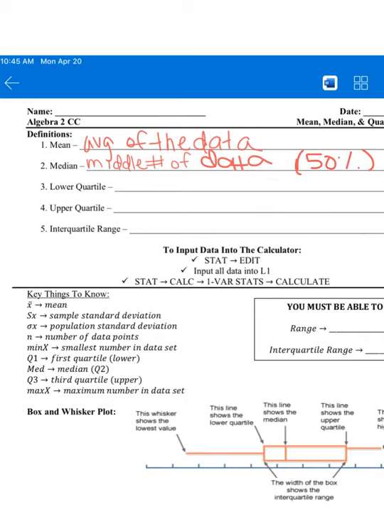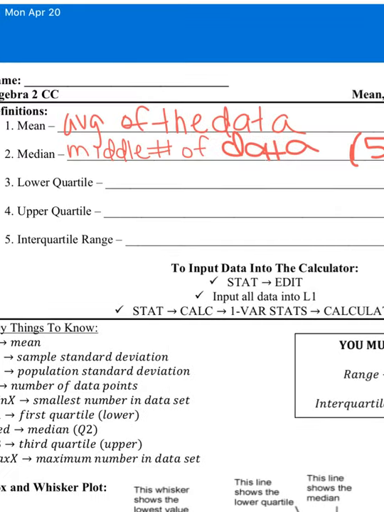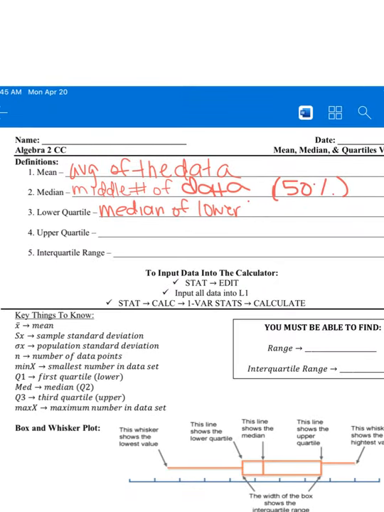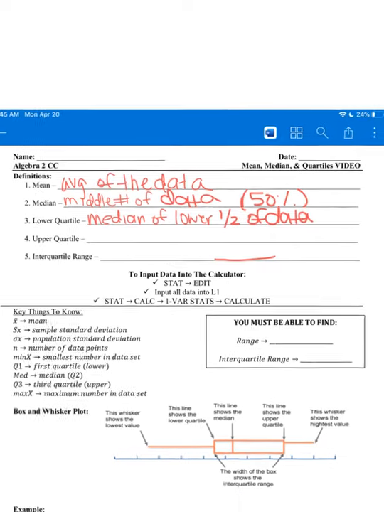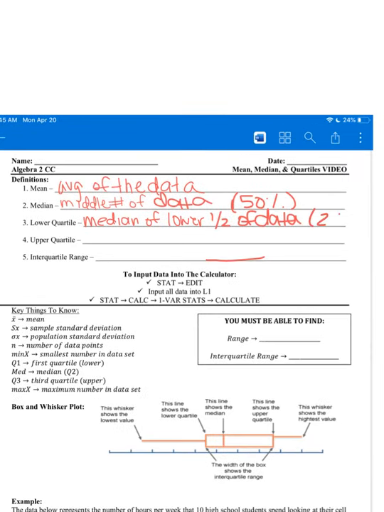There's a lower quartile. So the lower quartile is the middle number, or the median, if you will, of the lower half of the data. So that is your 25%.